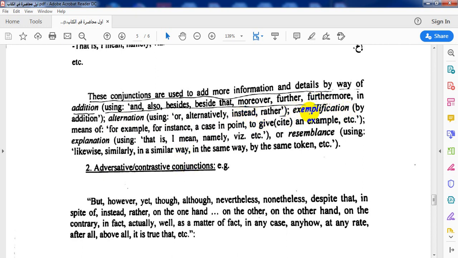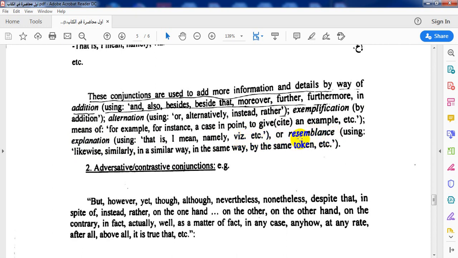Exemplification, to give examples, التمثيل أو إعطاء الأمثلة: for example, for instance, a case in point, to give an example or to cite an example. Explanation, التوضيح, to explain more, using that is, I mean, namely, with, etc.